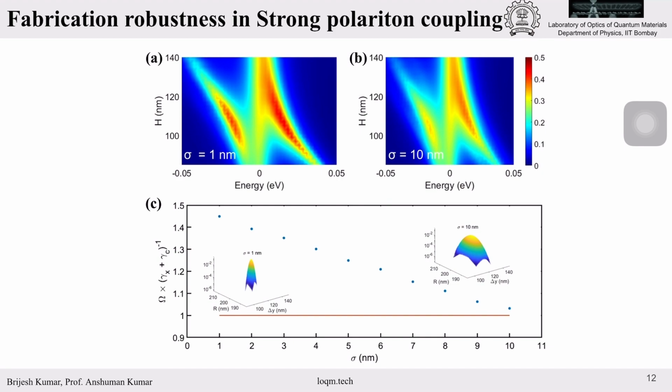This is why we choose this deviation: when we fabricate the structure, all the disks will not come out with the same parameters. Some will deviate from the optimized parameters which we give.